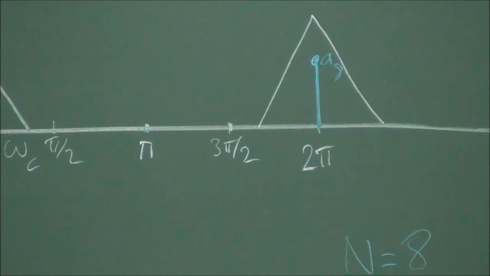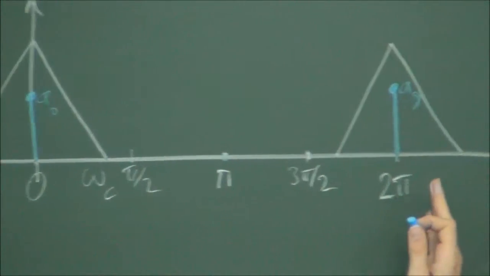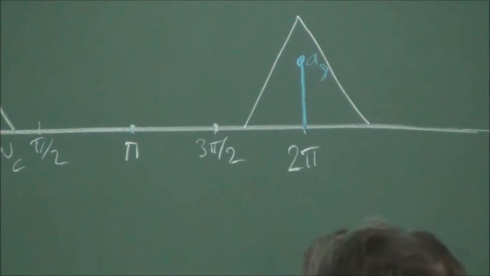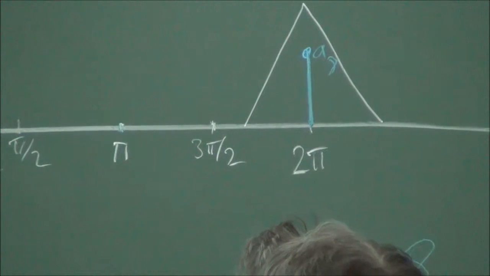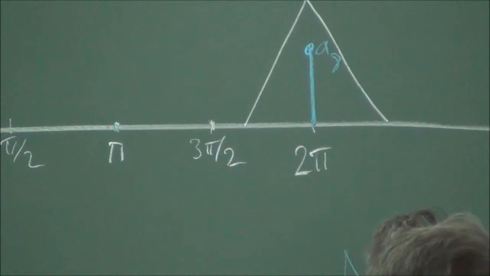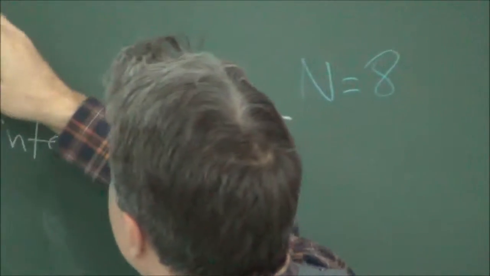The other Fourier series coefficients are at intervals of 2 pi over 8. Where are they? For example, one of them is at 2 pi over 8, which is pi over 4, so it is somewhere here.